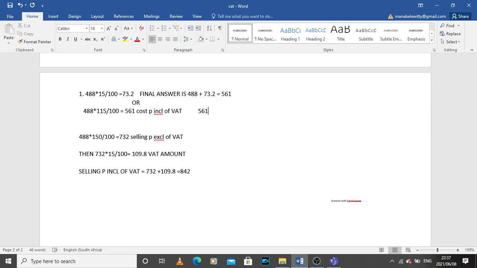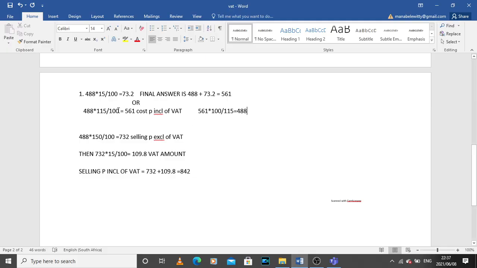561 as an amount with VAT, or a cost price inclusive of VAT, and they want you to work back to get the 488, you're going to say 561 multiplied by 100 over 115, since you're looking for 100% inside 115%, because this amount represents 115%. This will automatically give you 488.